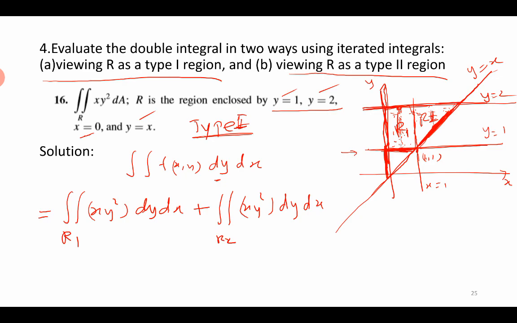Integration is quite an easy task. You have to find the limits, that's important. And region 1 is a rectangular region, so the first double integration is taking place over the rectangular region, isn't it? So all the limits are constant.